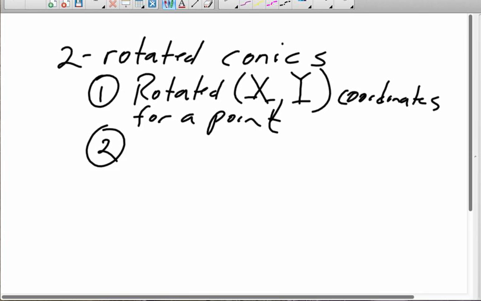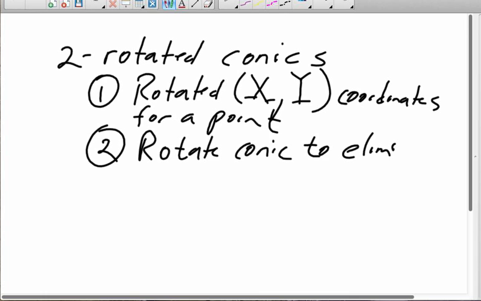And on the other one, you're going to have to rotate the conic to eliminate the XY term. In other words, first thing you're going to need to do is figure out what angle you need to be able to eliminate that XY term. Okay.